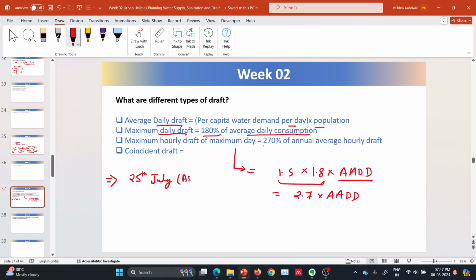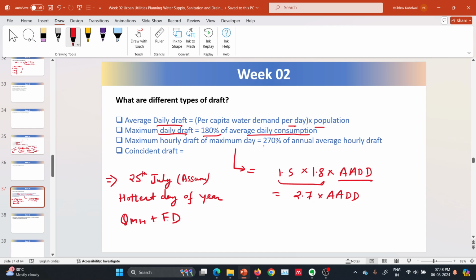Assume this is the hottest day of the year. So on the hottest day of the year, if fire breaks out, then the demand would be maximum hourly plus fire demand.